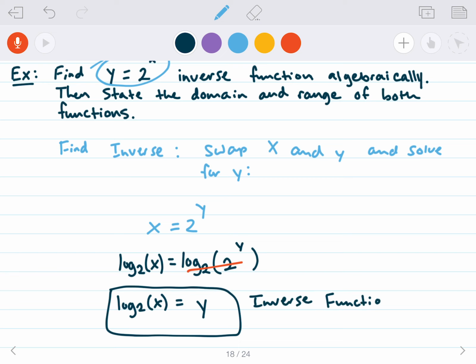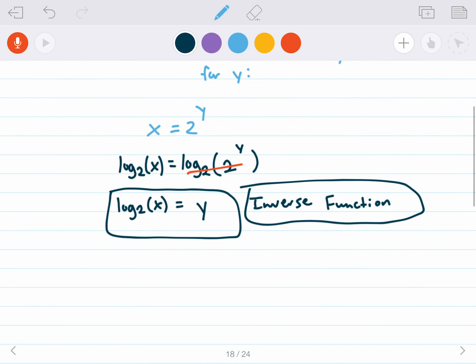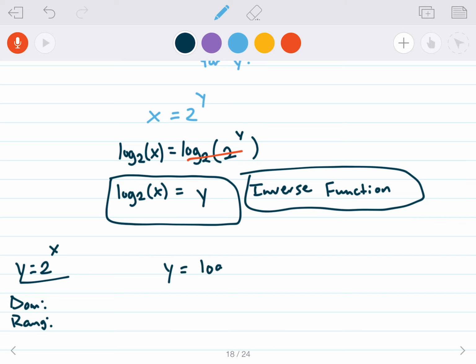Okay, so now it's time to talk about the domain and the range of both functions. So our first function is y equals 2 to the x, the domain, and the range. Then we have our inverse function, log base 2 of x, domain, range.